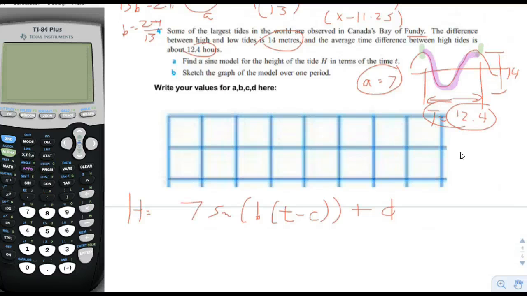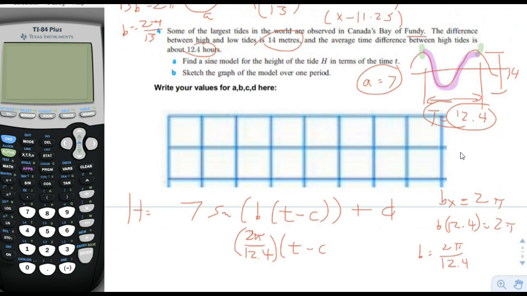And we know that the period is 12.4. So bx equals 2 pi. The period is 12.4, so 12.4 times b equals 2 pi. B is equal to 2 pi divided by 12.4. So we can put that here in b. We could put 2 pi over 12.4.